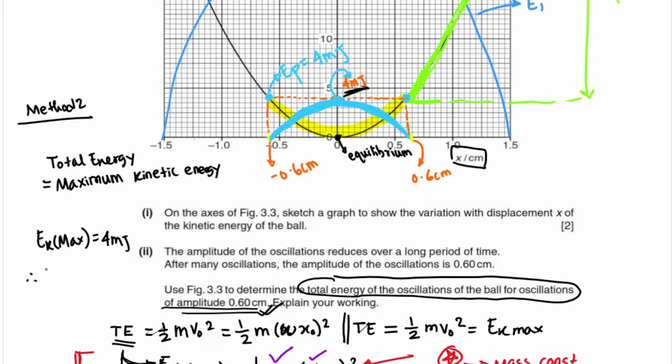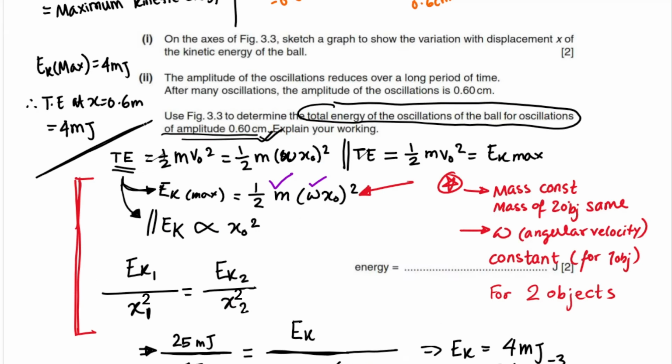Therefore, total energy at x equals 0.6 centimeter is 4 millijoules.